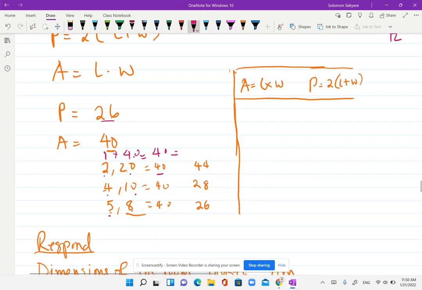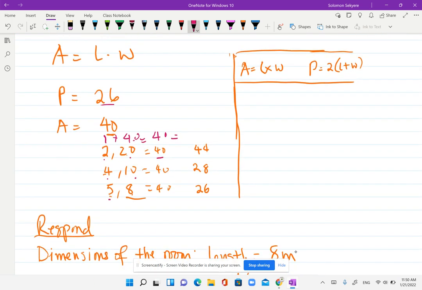Otherwise, it's not the right one. So let's start from the top. 1 plus 40 is 41, right? So here, 1 times 40 gives us 40. And then here, 2 times 41 gives us what? 82. So that's not correct.